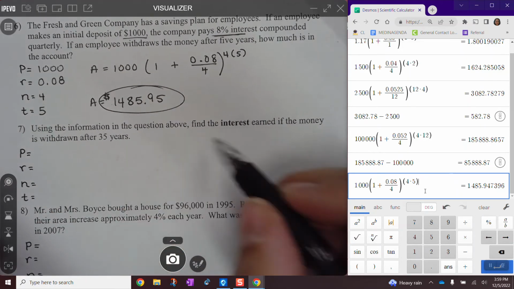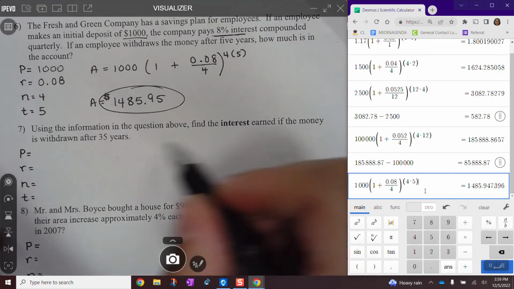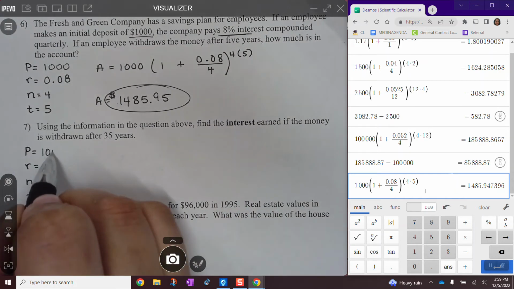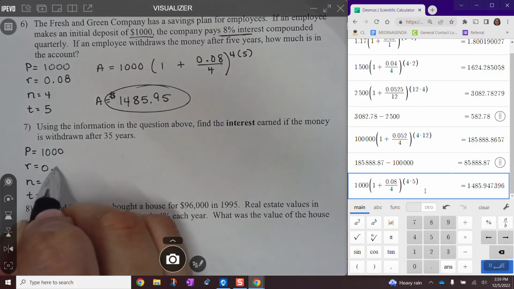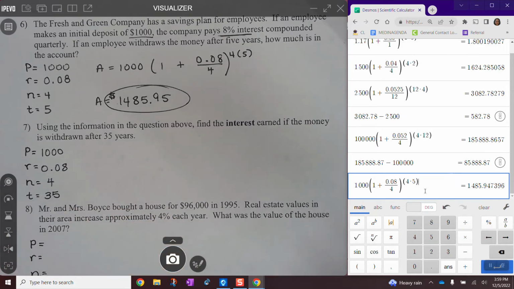Using the information in the question above, find the interest earned if the money is withdrawn after 35 years. Let me see. So everything is the same except this will be 35 years.